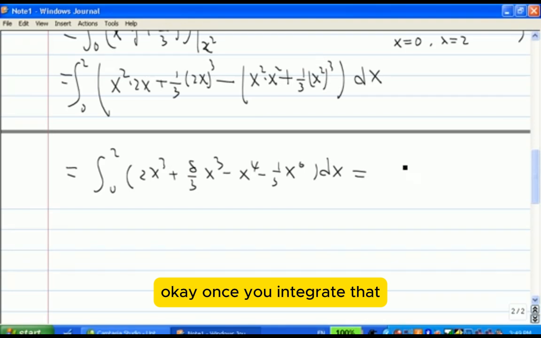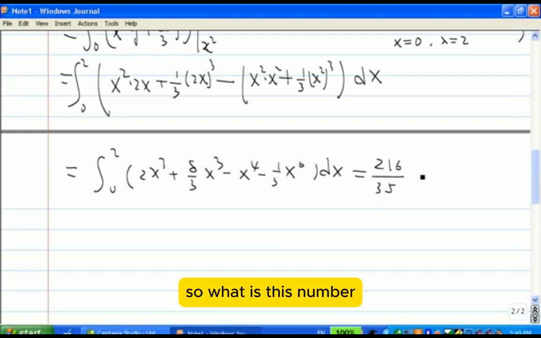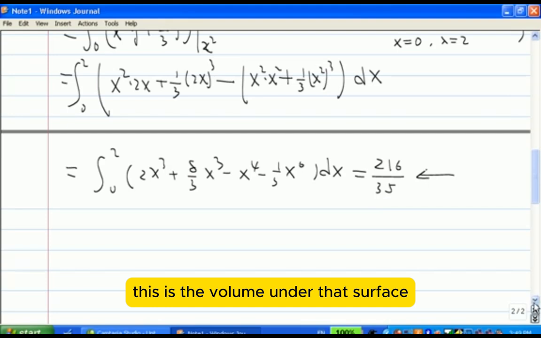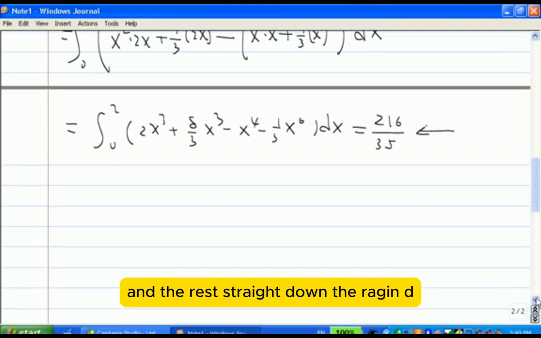Once you integrate that, you know how to integrate this. This is a polynomial, a simple integral. You get 216 over 35. So what is this number? That's the volume under that surface, restricted on the region D.